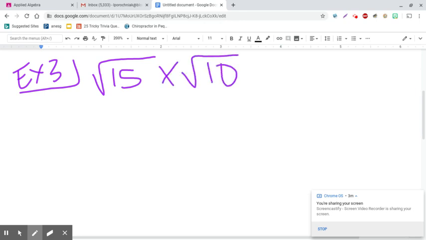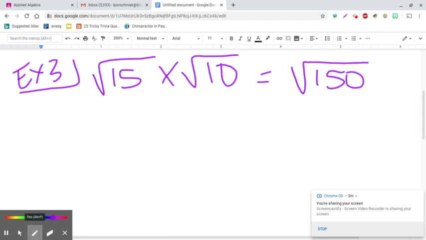All right, well, 15 times 10 is 150. So we're going to simplify radical 150. So guys, remember prime factorization. What goes into 150? It ends in a 0, so I'd probably do 5.